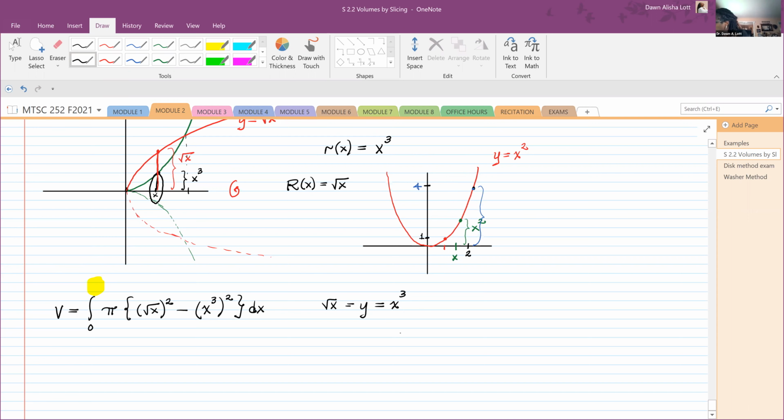And so you get x to the 1/2 minus x cubed is equal to 0. So factor out x to the 1/2. That leaves you 1 minus x to the 5/2 equal to 0. And you can see that x is only equal to 0 and 1. So this little bugger right here is a 1.